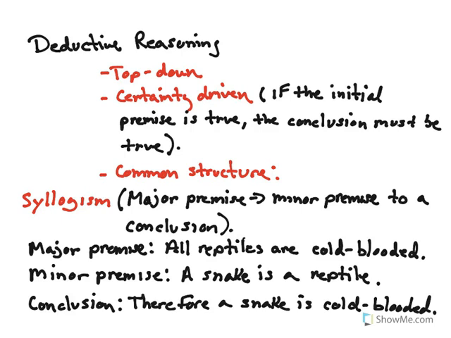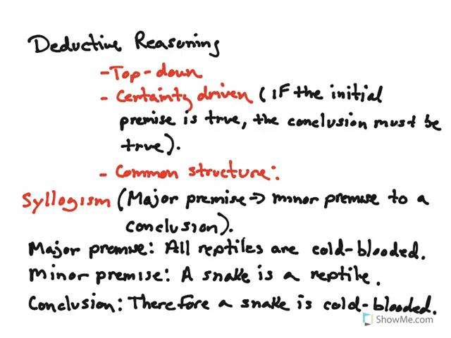The common structure is a syllogism, which is a major premise and a minor premise yielding a conclusion. So these two premises will yield a conclusion. Hopefully this example will help you understand this more simply. All reptiles are cold-blooded.